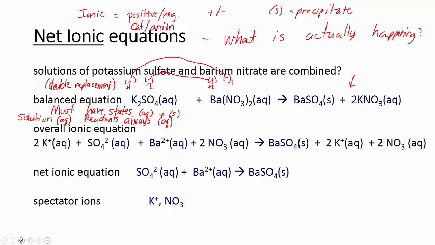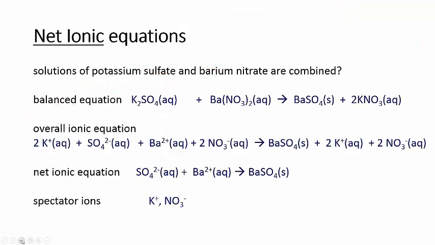Now I'm just going to erase what I have up here so far. Let's focus on the overall ionic equation. Look at what I did going from here to here. Look at the states. If it's aqueous, that means it's going to separate. I'm actually going to draw this, because it's a good skill to have.